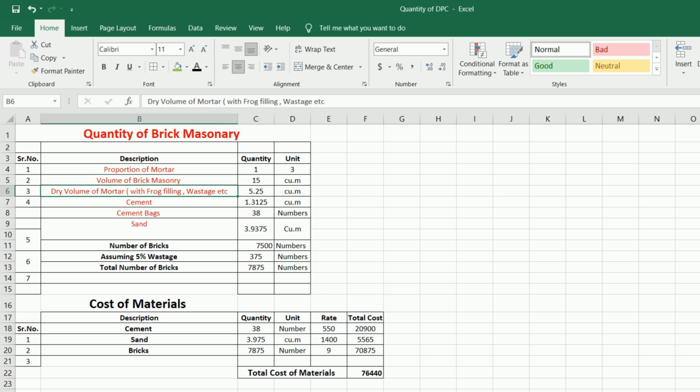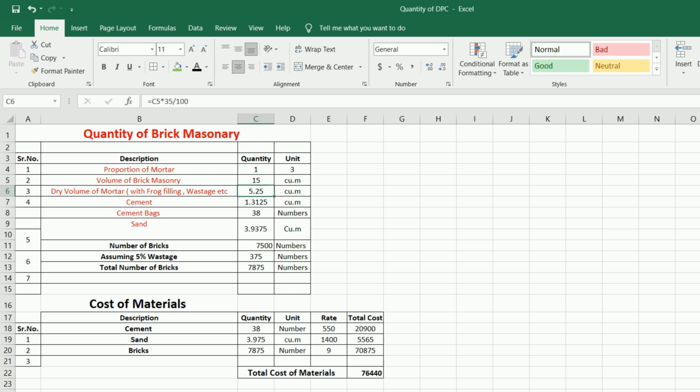Now suppose I have the volume of brick masonry 15 cubic meter. So what should be the dry mortar volume with frog, filling, wastage, etc.? You can see we require 5.25 volume of mortar for 15 cubic meter brick masonry wall.